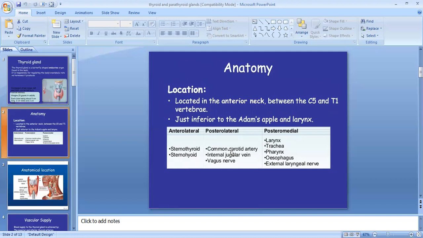The contents are common carotid artery, internal jugular vein, and vagus nerve. Posteromedially, we have airway and food passages. So the airway is the larynx and the trachea, and the food passages are the pharynx and esophagus, and the nerve, the external laryngeal nerve.